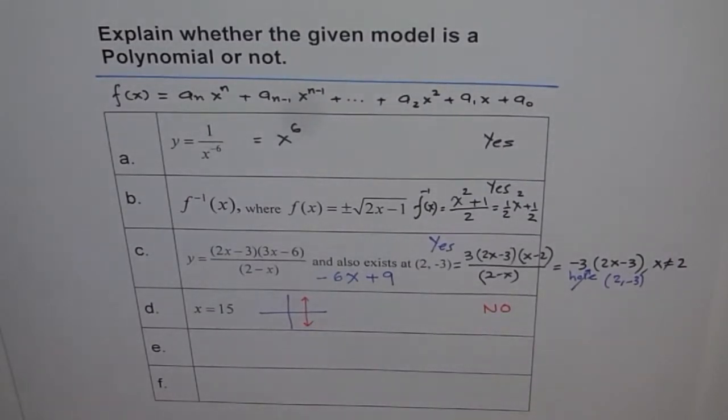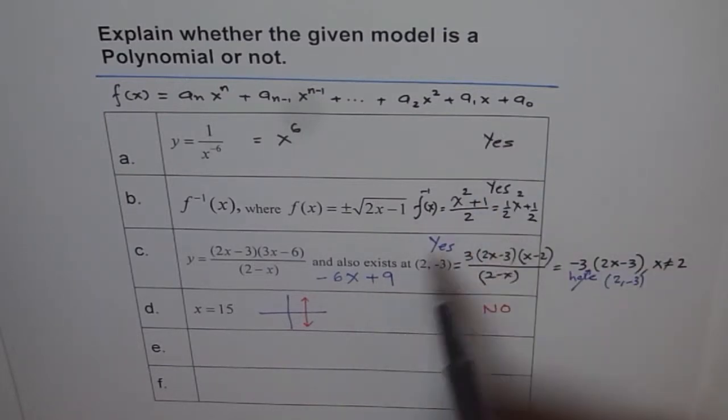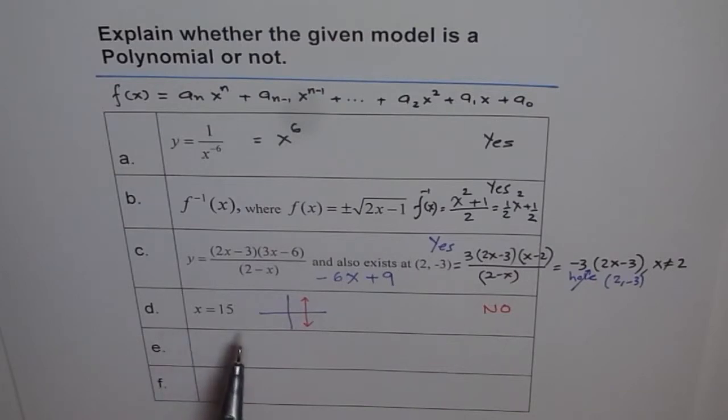So the question is, explain whether the given model is a polynomial or not. So this is not a polynomial, that is also not a polynomial. This and the previous 3 are polynomials as we have written, right? But here x equals 15 is not a polynomial, right? It doesn't go with our definition at all. It has a restriction on domain.